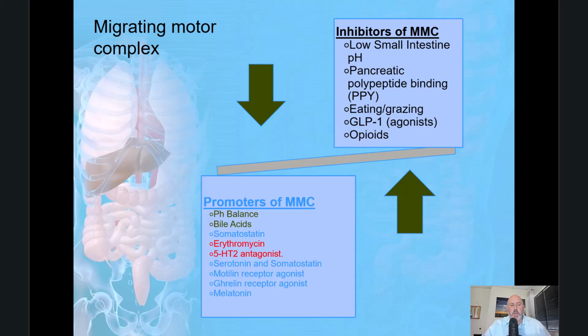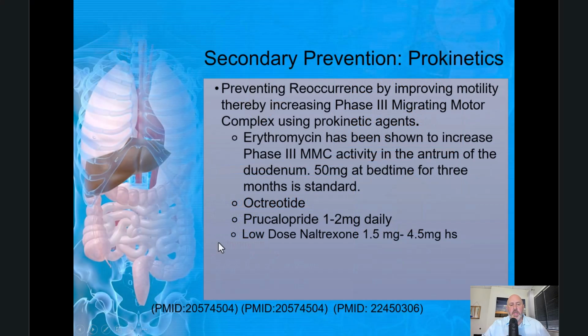There are certain natural factors that promote the migrating motor complex, such as meal spacing and avoiding grazing, but there are also medications that can stimulate this, such as low dose erythromycin, which is used in a lot of protocols, and also a medication called prucalopride, which is another promoter of motility. So keeping the migrating motor complex functioning well after SIBO treatment is very important for a prevention strategy.